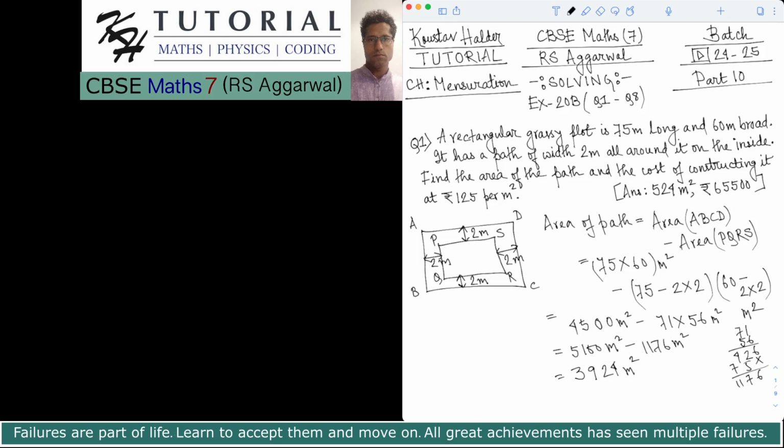Okay, so I think I did wrong in the multiplication of 71 and 56. Let's see, 6, 42 and then 75.